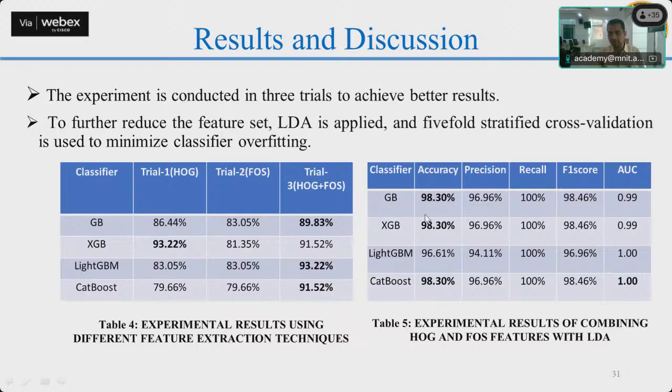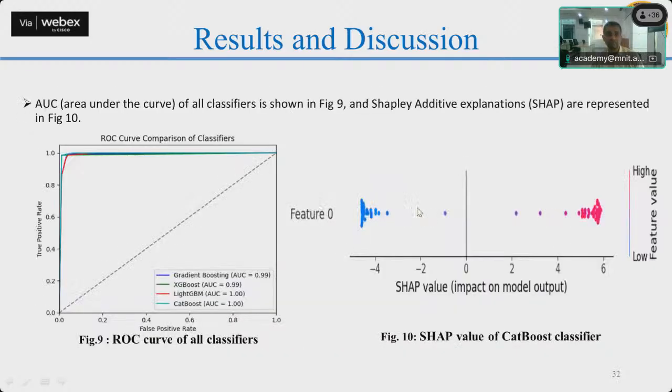You can see the accuracy here was basically 89.3, here there is a large reduction of about 9%, it is 7%, and in CatBoost it is again a wonderful increase. So that is how this feature reduction really works here, and five-fold stratified cross validation is also used here.